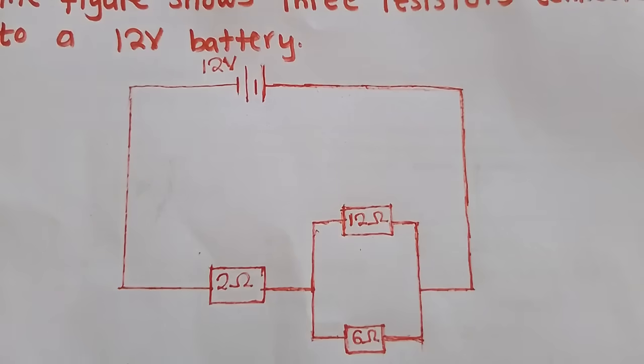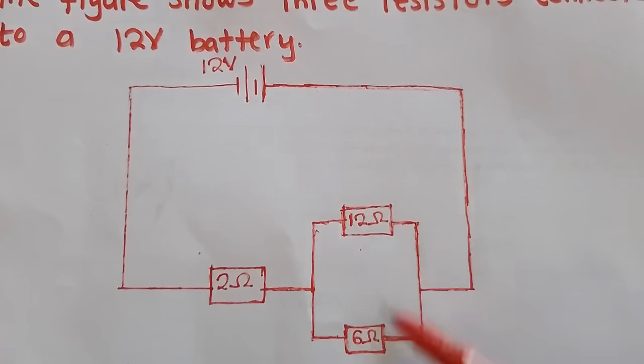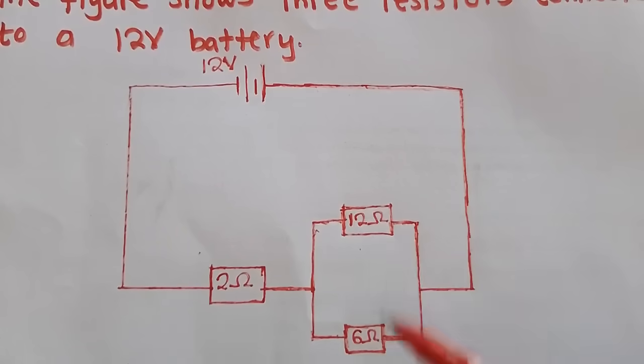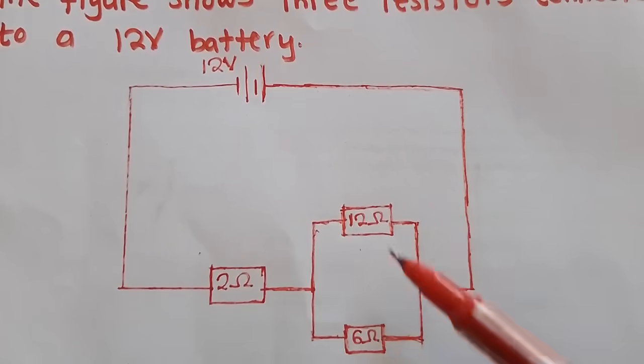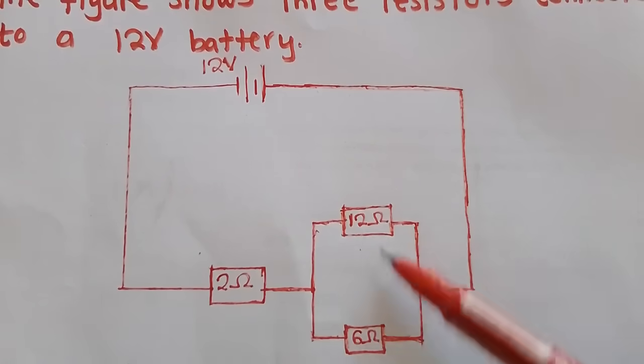First of all, you need to find the total resistance between these two resistors. Why? Because these two are connected in parallel. This is the first thing you are going to do.